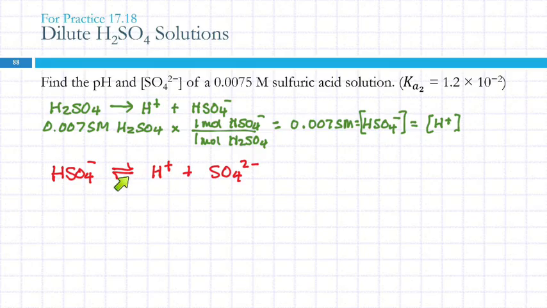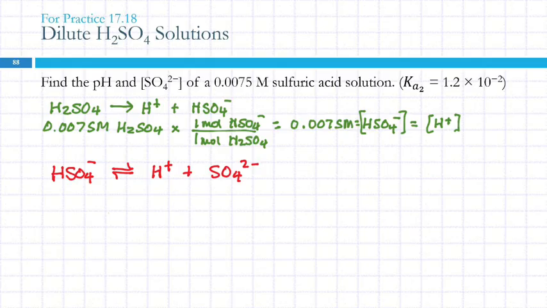So this is a weak acid, so we do need an ice table. We didn't need an ice table here because that's a strong acid. A clue, if you forgot, is they gave us Ka2, they did not give us Ka1. They didn't give us Ka1 because it's a strong acid and it has no numerical value.